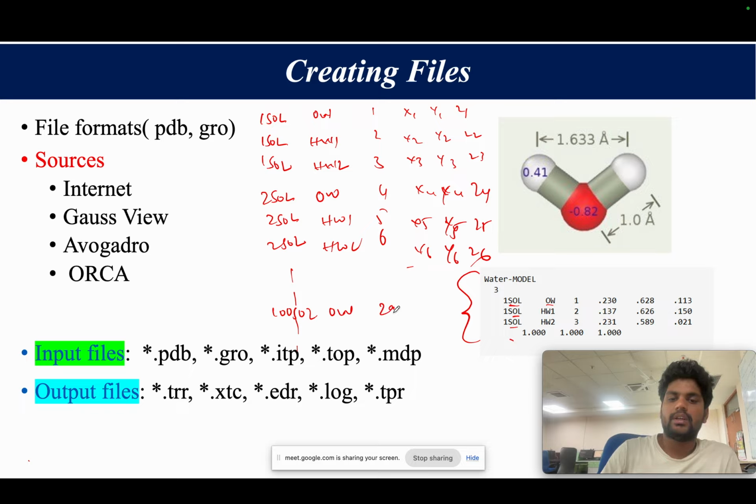So it will be 298 x, 298 y, 298 z, 298, and so on, SOL, HW2, 300.